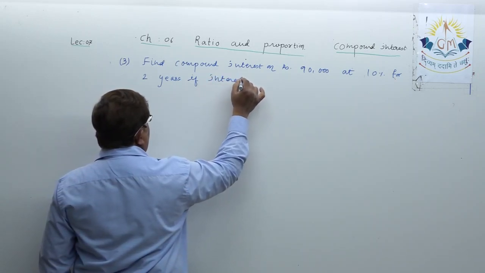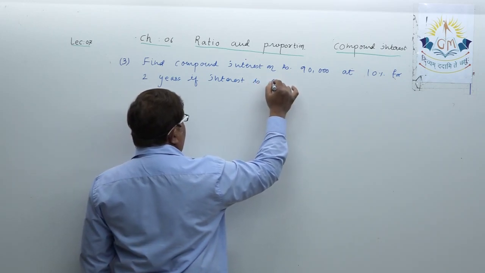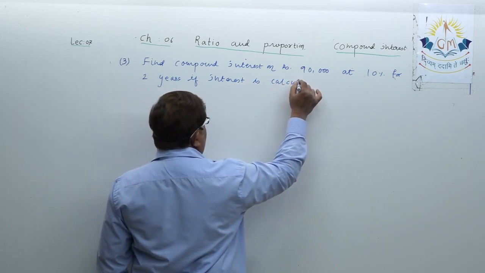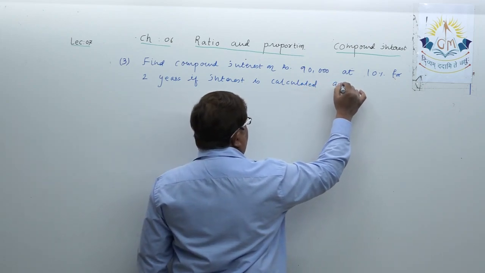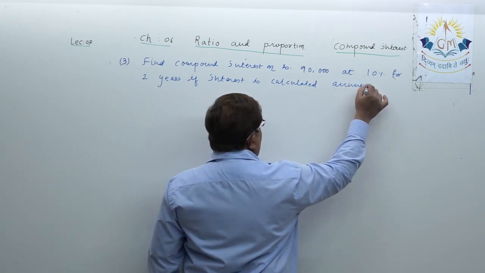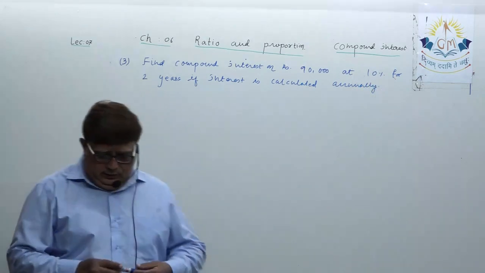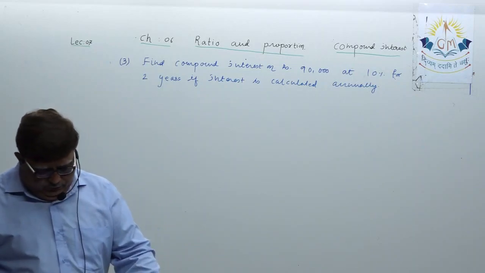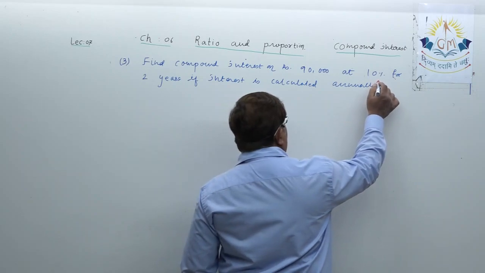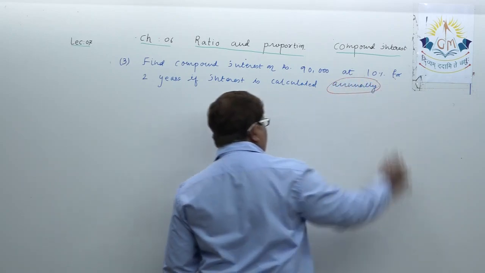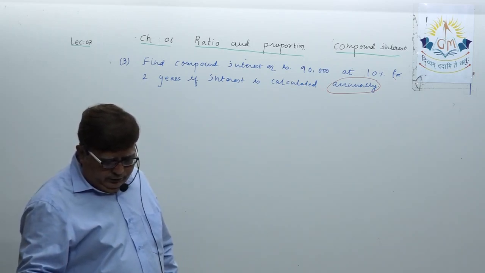This is the word I like to mention every time, if interest is calculated annually. Okay, dear student, just 5 minutes time to solve this example, and this is the word of highlight, annually. Okay, just try to solve this example, right?